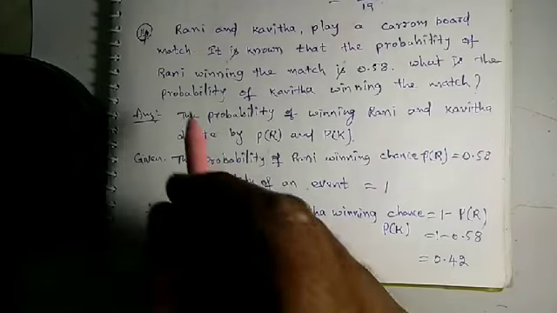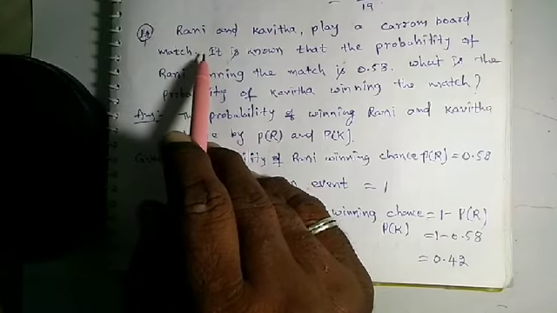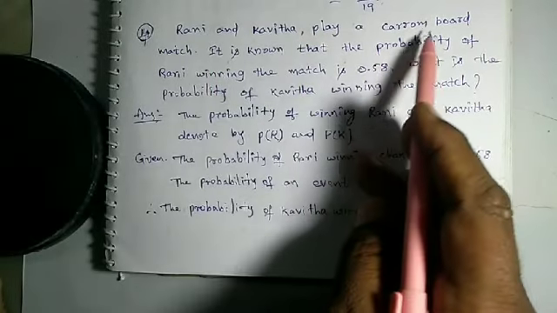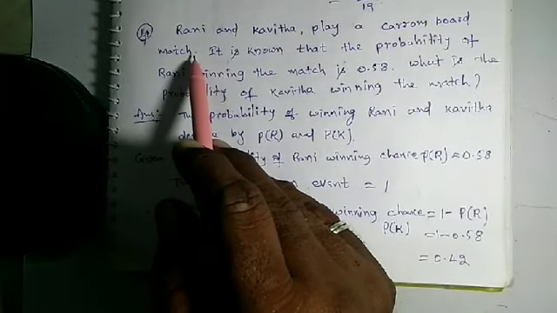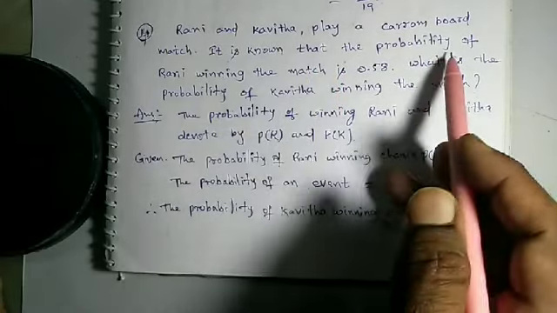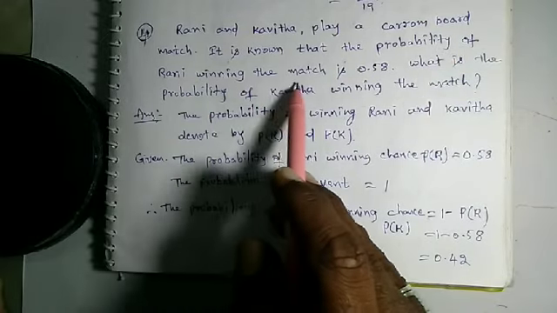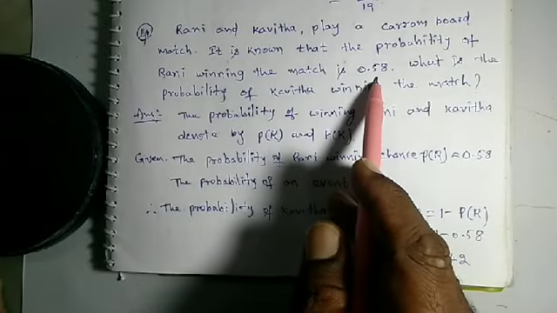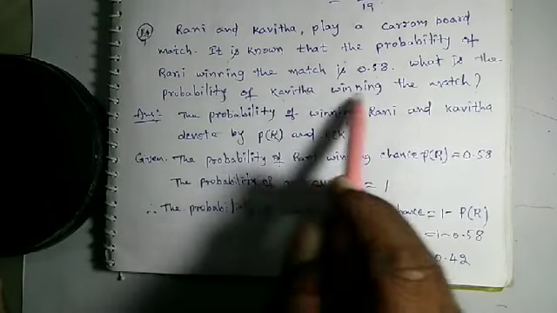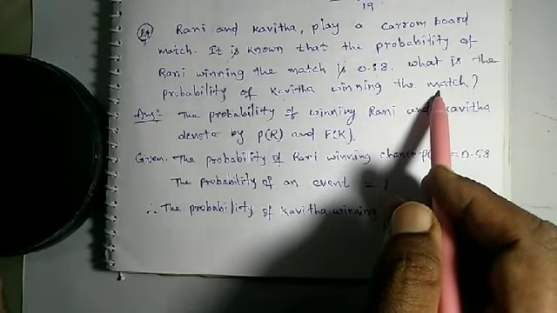Now this is the fourth type of problem. Rani and Kavita play a carom board match. It is known that the probability of Rani winning the match is 0.58. What is the probability of Kavita winning the match?